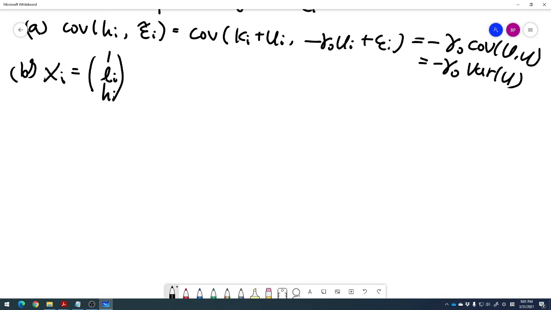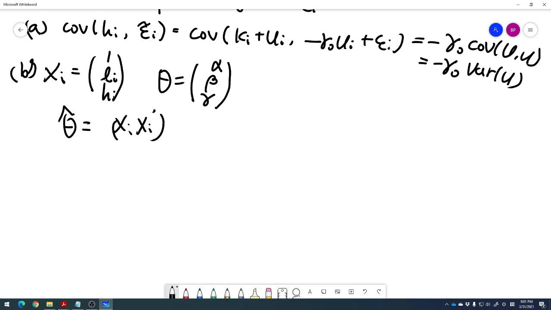So if you use this, then you may want to show that, and say theta is alpha, beta, gamma. So if you put it this way, theta hat will be estimated as Xi prime inverse Xi Yi. And we would like to show the expected value. I forgot expectation.